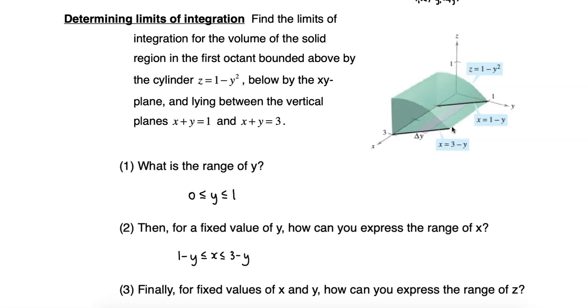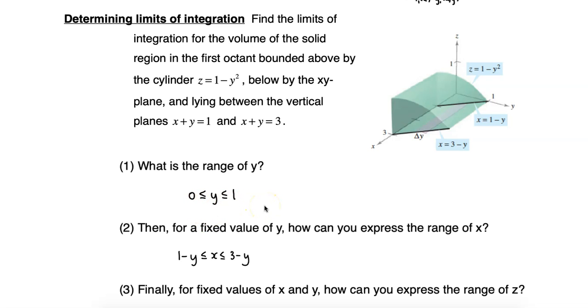So the only possible choice in this case is to choose y as the outermost integral, because for whatever we choose for x and z, y is going to go from 0 to 1. So y goes from 0 to 1.